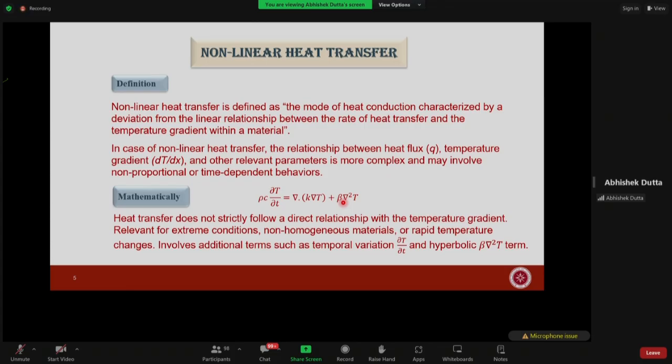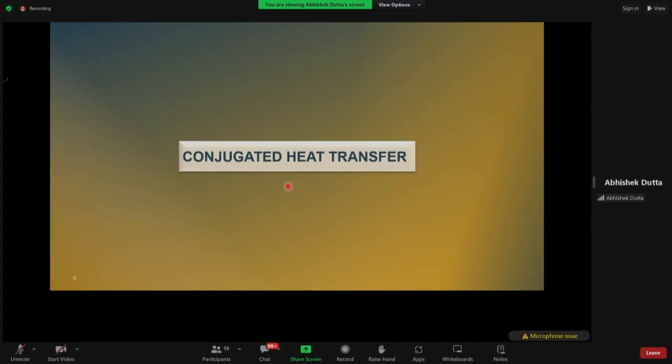These are important factors to realize that there is a non-linearity aspect of heat transfer, and not always do you get a linear relation.